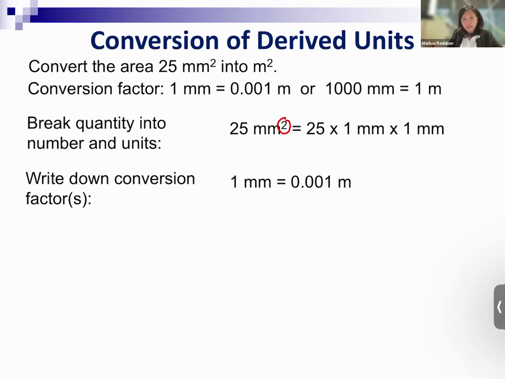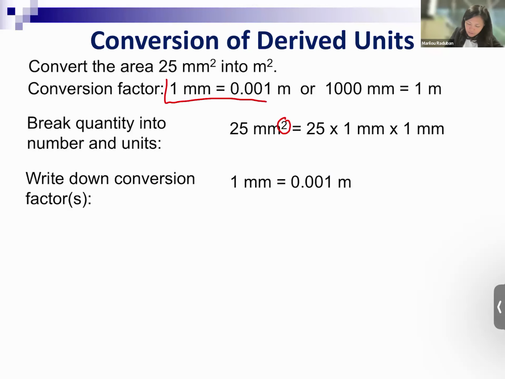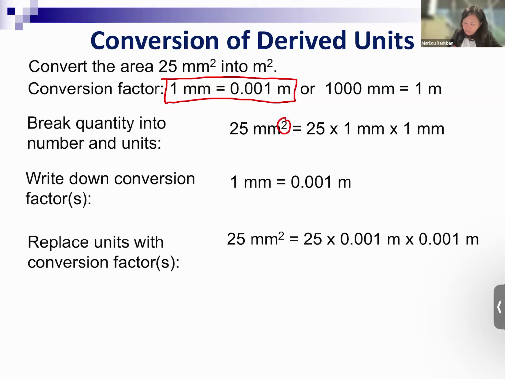How do you convert millimeters to meters? You use the conversion factor that relates millimeters, the unit you don't want, to meters, which is the unit that you want. Right? So that's the conversion factor there. You simply replace 1 millimeter with the meter equivalent, but you have to do that 2 times. Right?